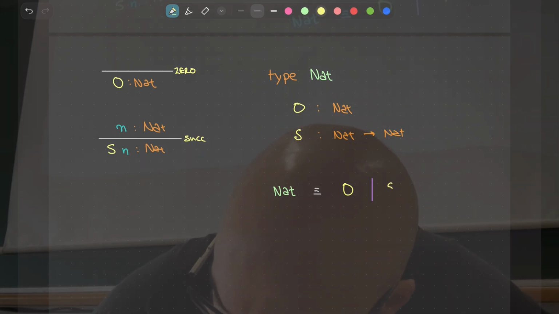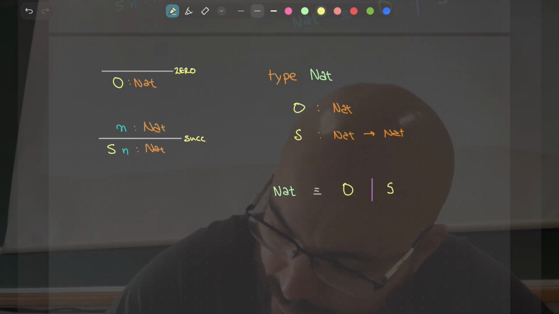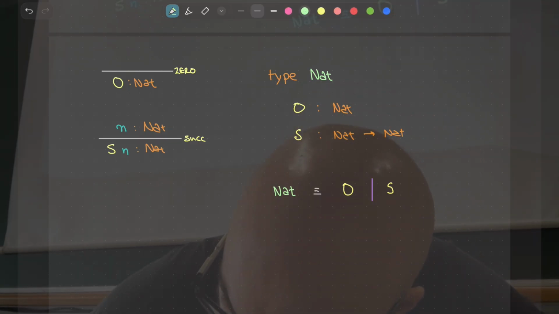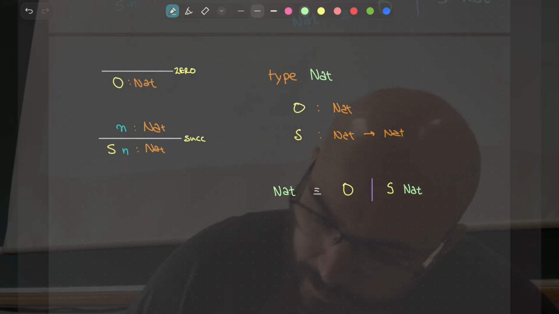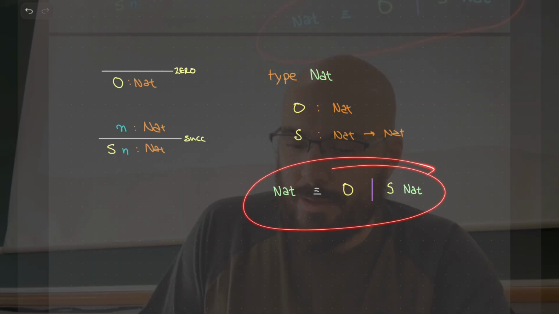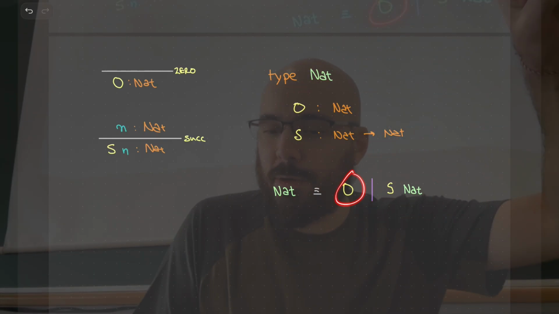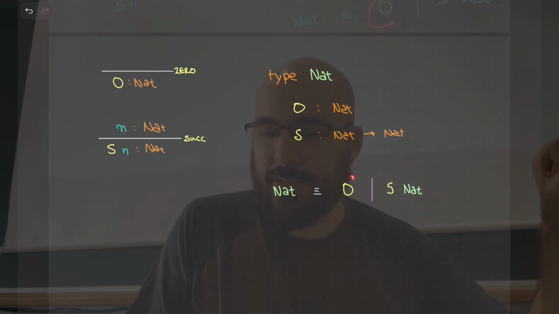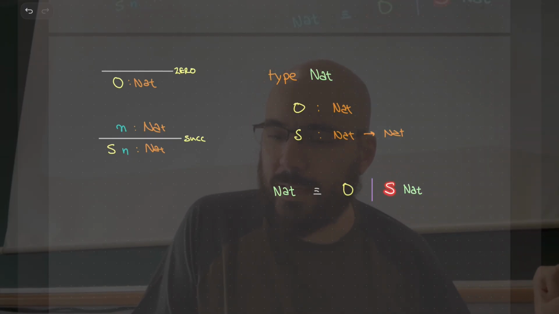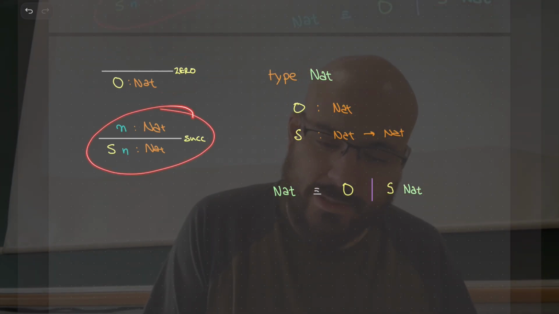Depending on what you're doing, any of these can be equally informative and easy to read. So this way is telling me each Nat has one of these forms. Either it's just this, or this thing applied to some Nat. This thing tells me there are 2 ways to construct Nats, and here they are.